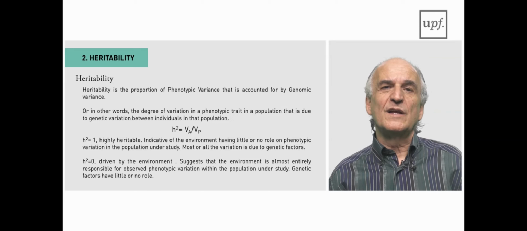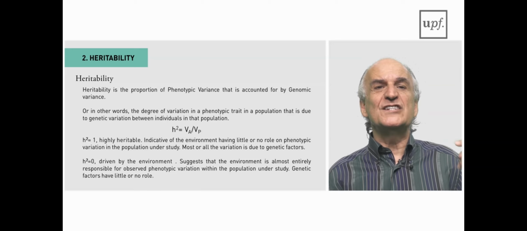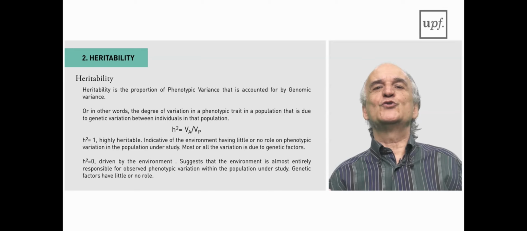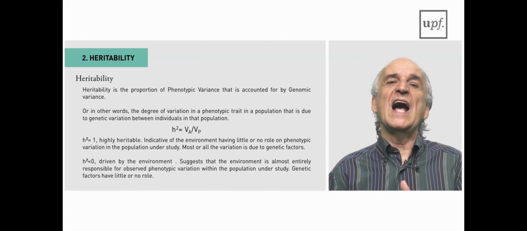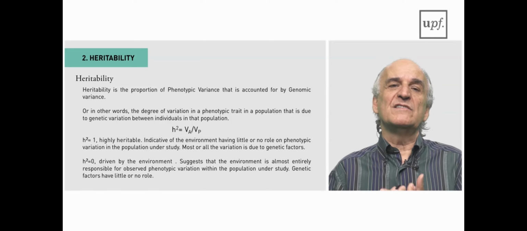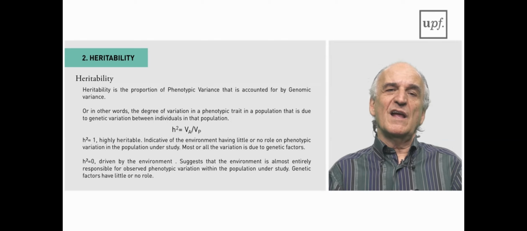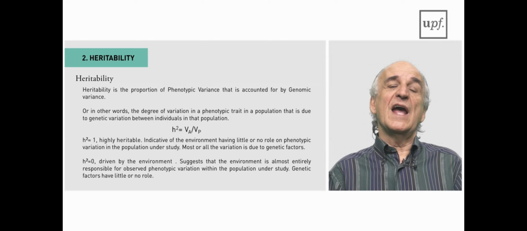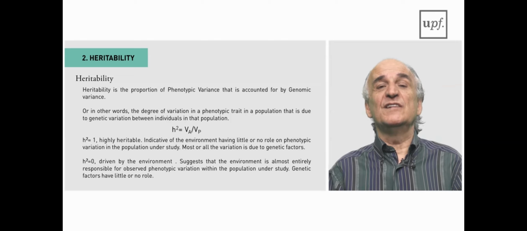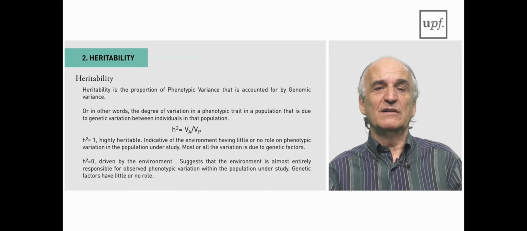It is the degree of variation in a phenotypic trait in a population that is due to genetic variation between individuals in that population. In general, it is written as heritability, small h squared, equal to the variance due to the genes, A for the additive effect of several genes, divided by the total.